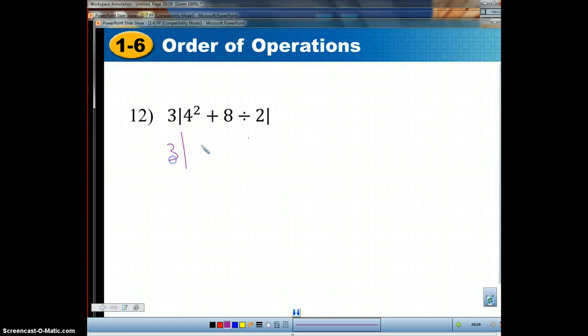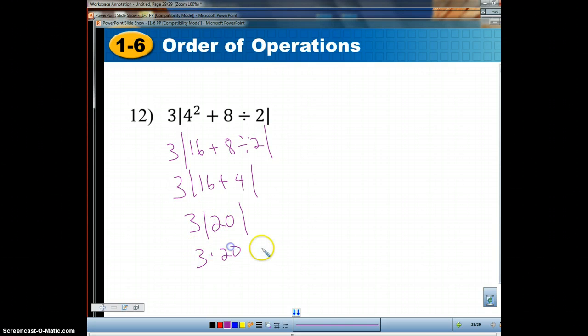So I still have a 3 absolute value of 16 plus 8 divided by 2. Then I have to do this division. So 3 times the absolute value of 16 plus 8 divided by 2 is 4. Finally, do this addition. That gives me a 20. And 3 times the absolute value of 20. The absolute value of 20 is 20. So my final answer, 3 times 20 equals 60.